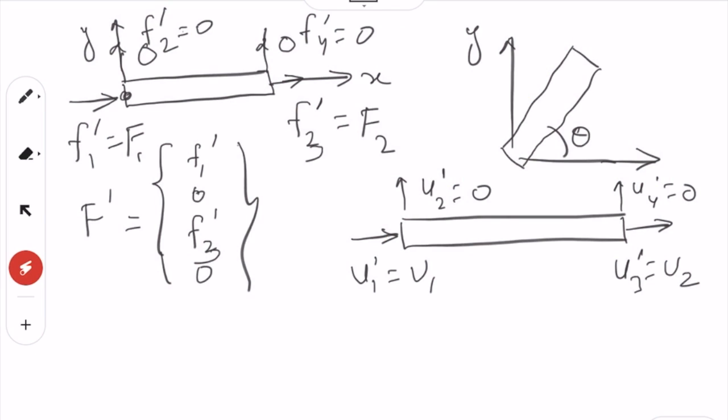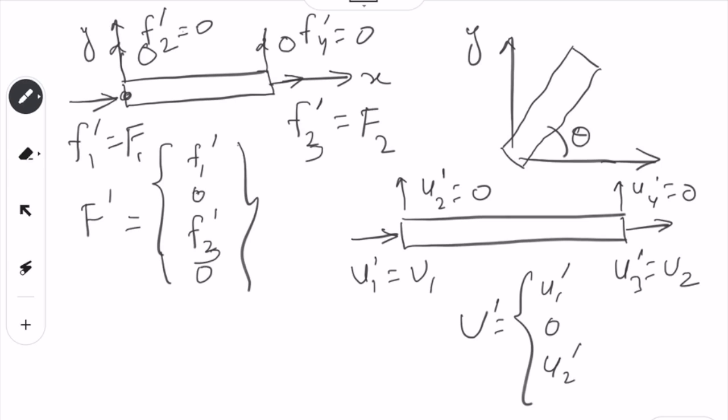So this is in the 4 degree of freedom system, and we can write u dash equal to u1 dash, 0, u2 dash, u3 dash, 0. All other values are 0, that's why I am writing.